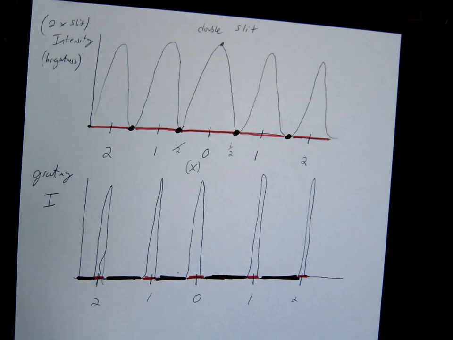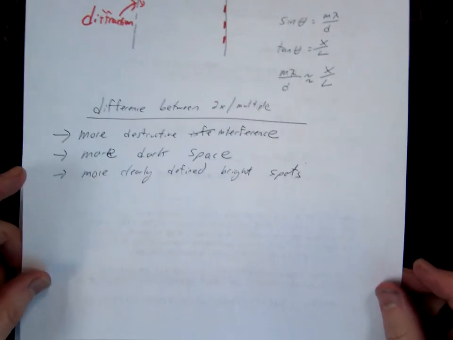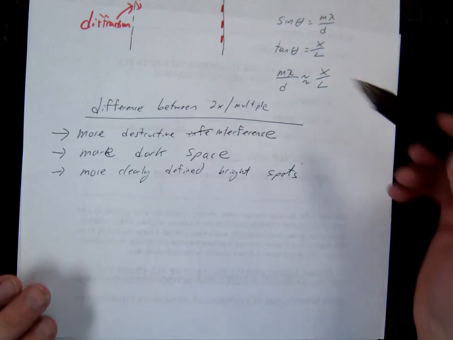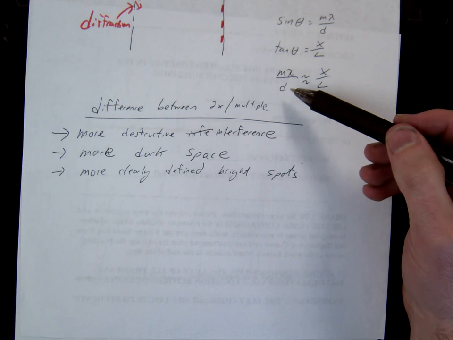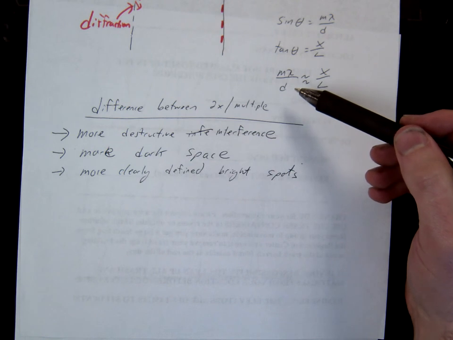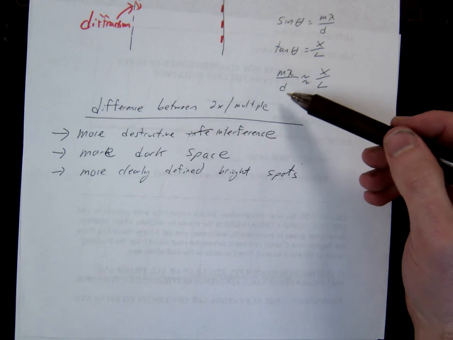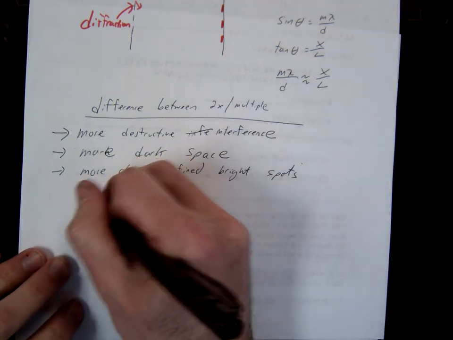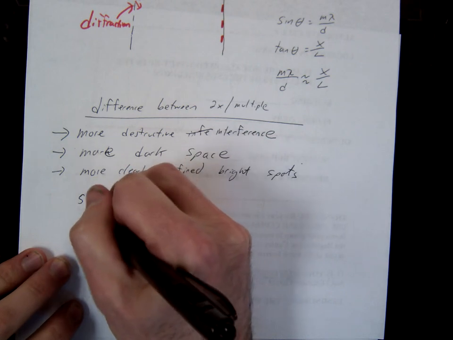Alright, one more difference to add to the grating. And it's not so much a difference, it's just some terminology. So we have D here. And remember, D means what? Distance between the slits. Okay, now they will often tell you that, but more often what they'll tell you is the slit density.